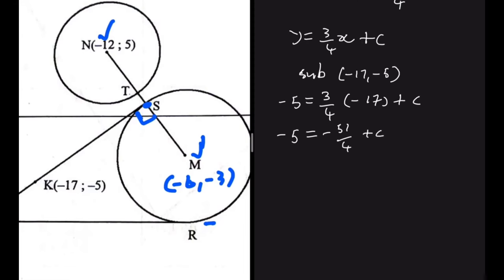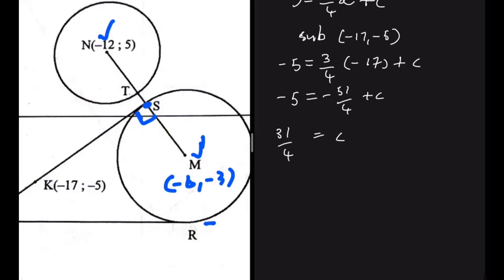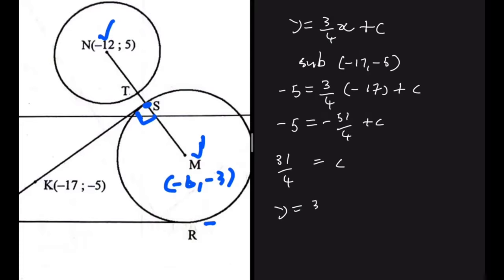So you just take minus 51 divided by 4 to the other side. So if you do that, you can have minus 5 plus 51 divided by 4. That is 31 divided by 4, right? So now the equation of our line is y equals 3 divided by 4 x plus 31 divided by 4.